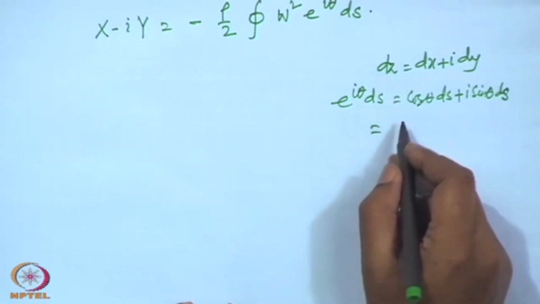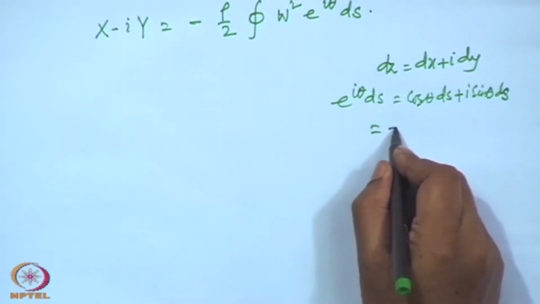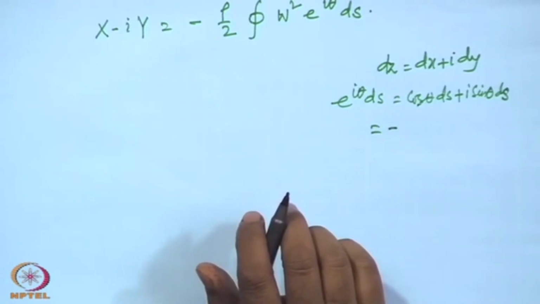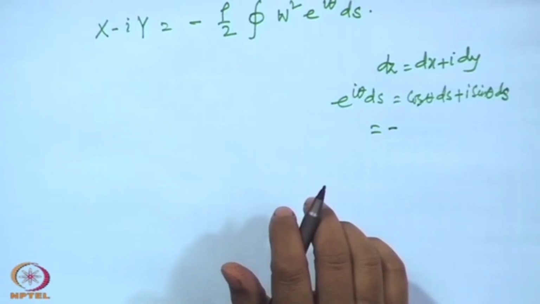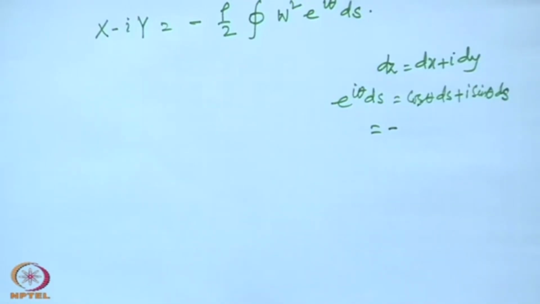So, this is minus dx plus i dz, sorry, minus dx plus i dy. What is that? Minus dx minus i dy.